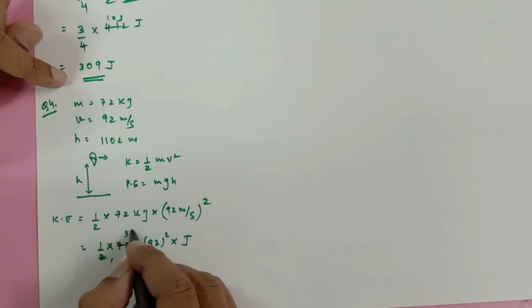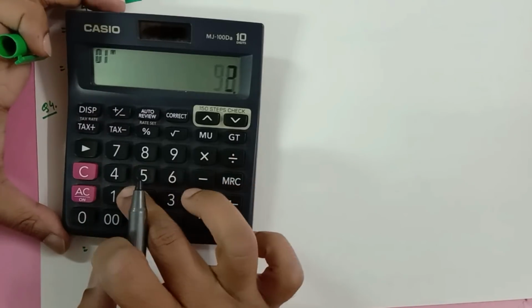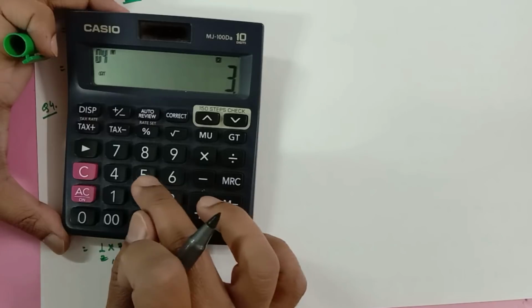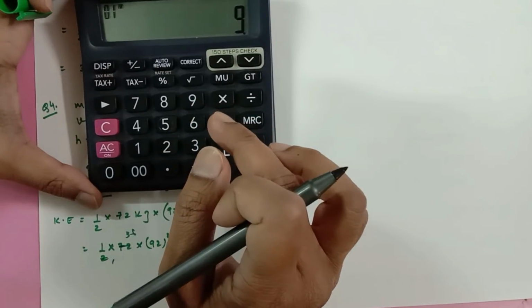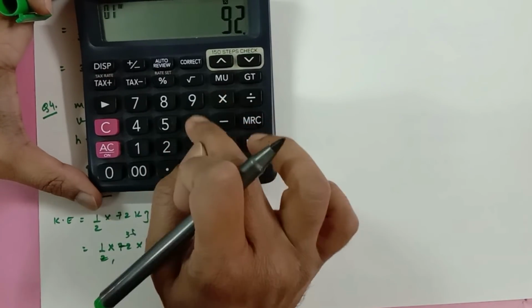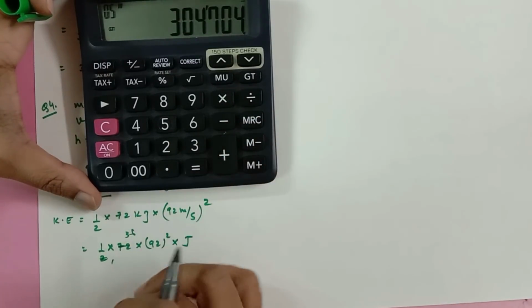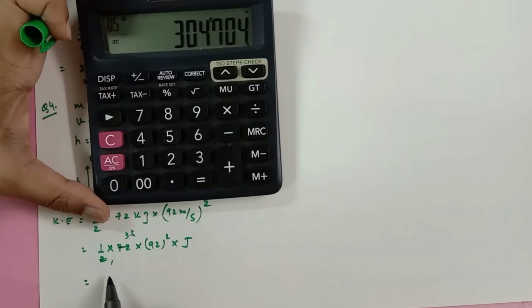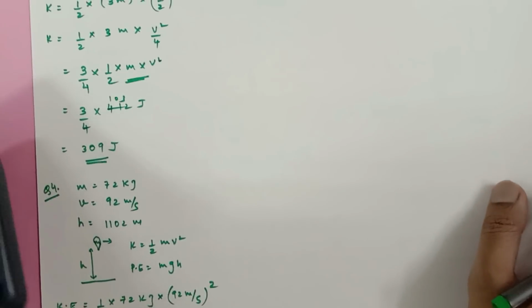So half of 72 is 36. Now the square of 92 is this, multiplied by 36 is this answer. Let me check this again. 92 multiplied by 92 is this, and multiplied by 36 is this one. So my answer is 304704 joule.